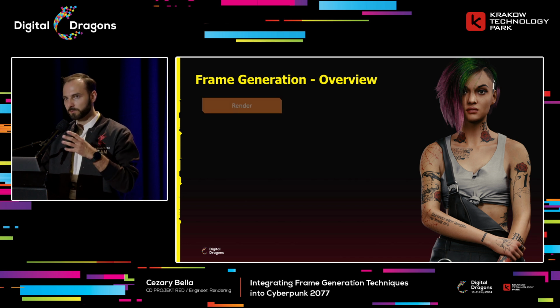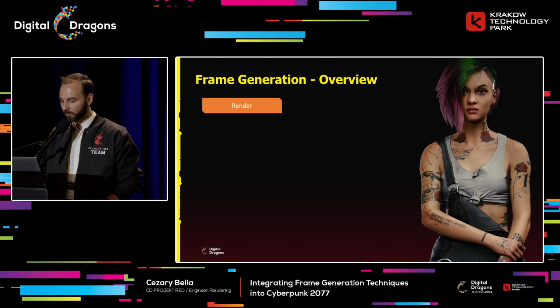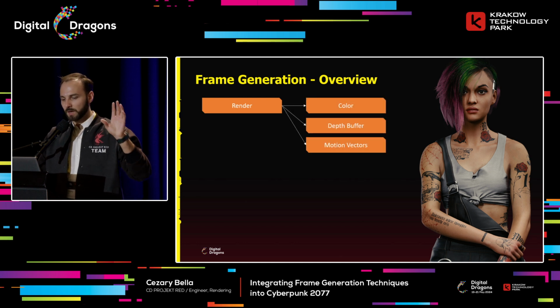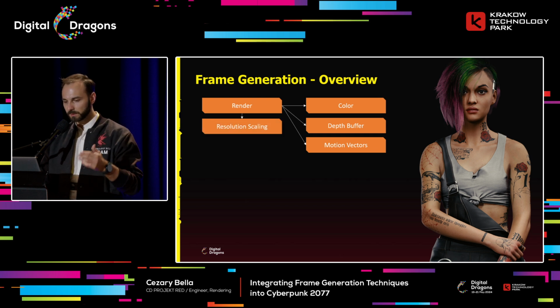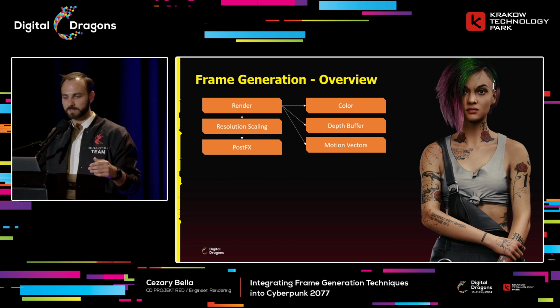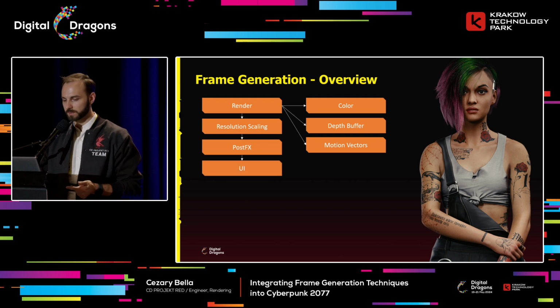So how does frame generation actually work? Because that's not that obvious. We have our traditional render pipeline where we get all the color, depth buffer and motion vectors out of it. Then we do all the other stuff like resolution scaling and post FXs.